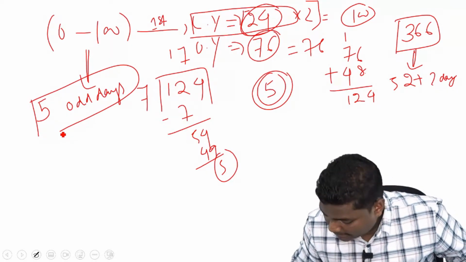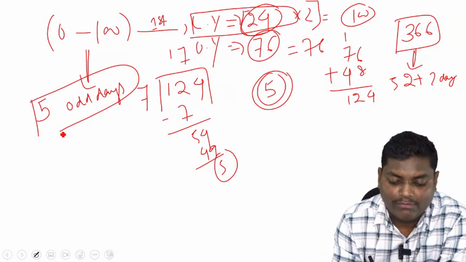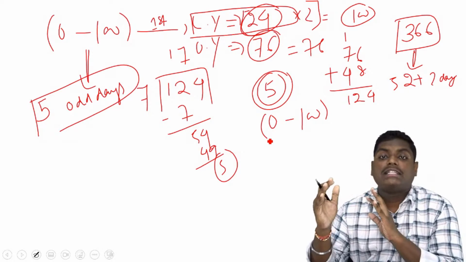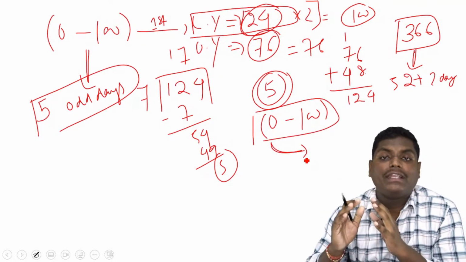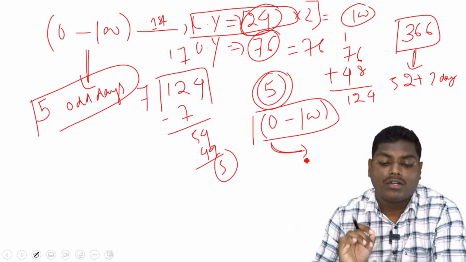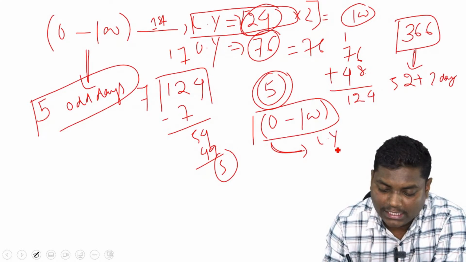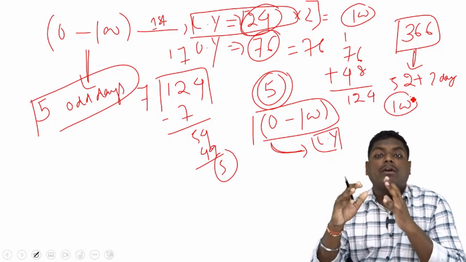Bhavya, you are asking why 24 and not 25? Whenever we are discussing 0 to 100, our first task is to see how many leap years and how many ordinary years there are. To find the number of leap years, you just divide the number by 4.